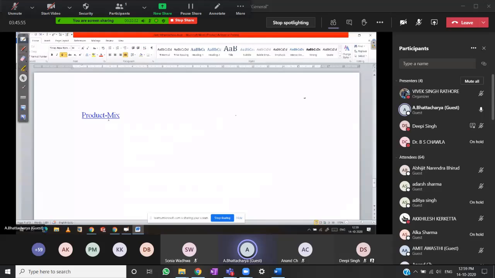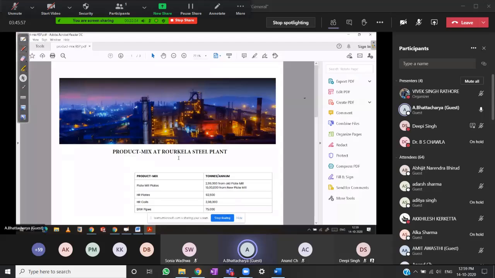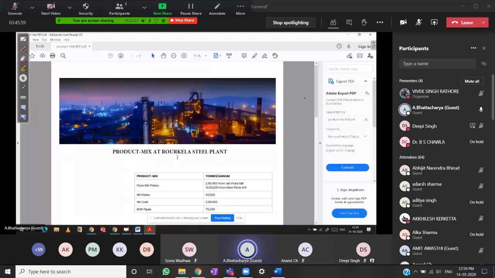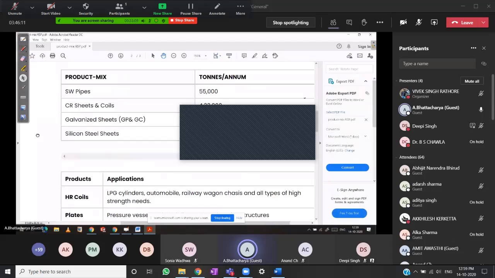See, Rourkela steel plant. This is available on our SAIL website, Government of India. So this is the product mix. You can see.